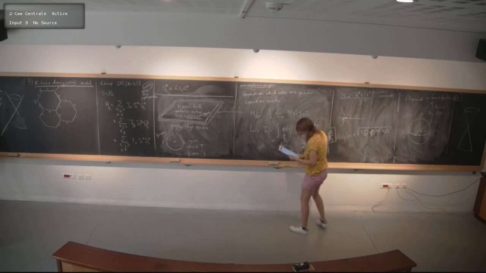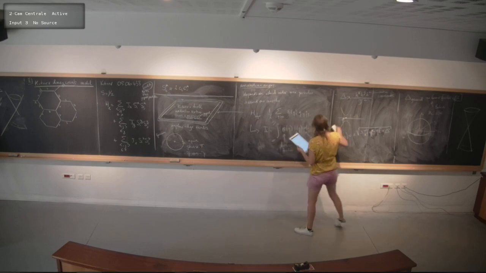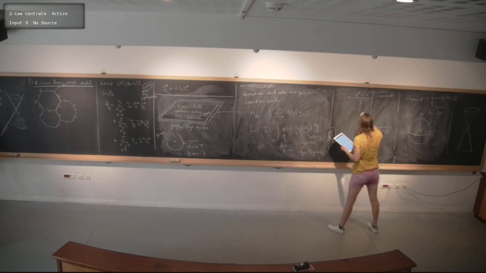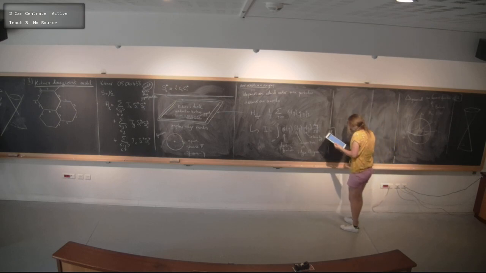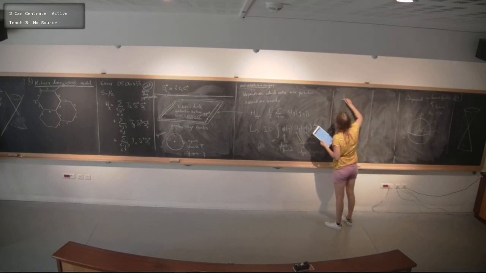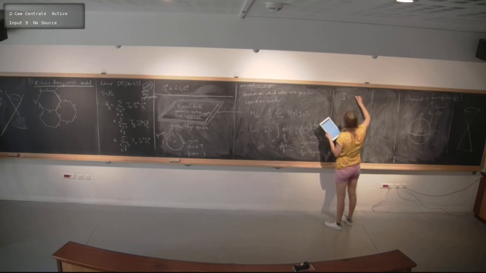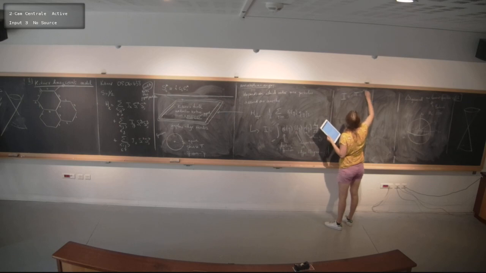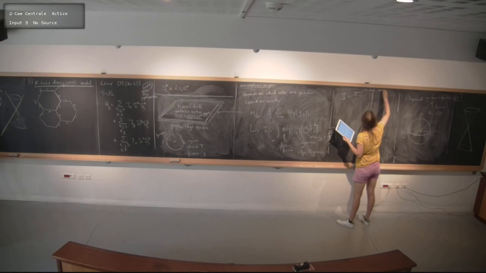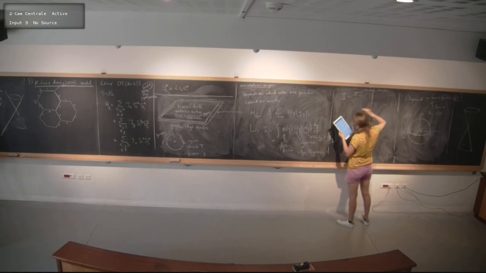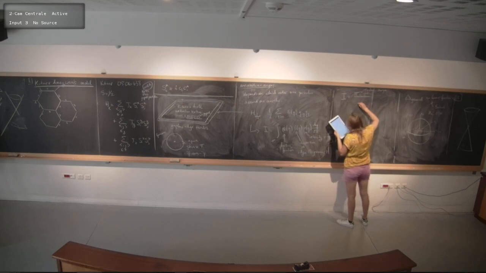Okay, and if you carry out this calculation, it's extremely simple. You get a current which is equal to pi c, the central charge, times T squared over 12.